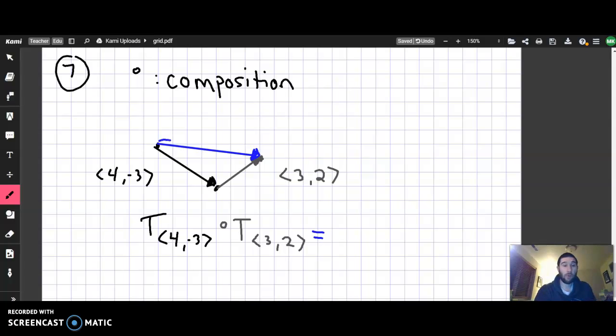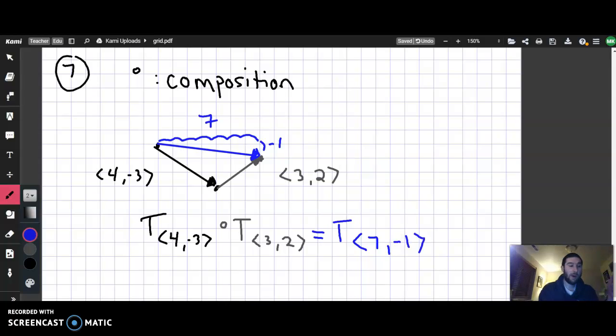Well, I went over 1, 2, 3, 4, 5, 6, 7. I went over 7, but in the end, I only went down 1. So this new translation, the translation that could have been done in one step, but instead I did in 2 steps, actually is over 7 and down 1.